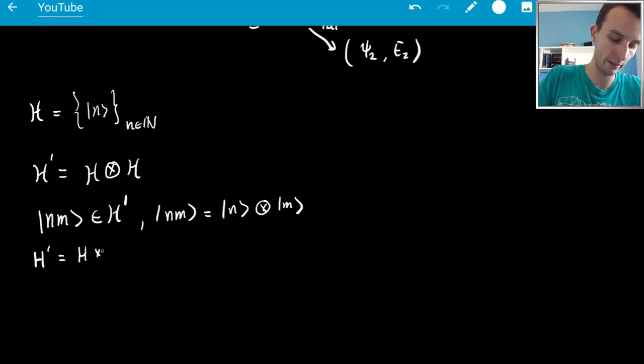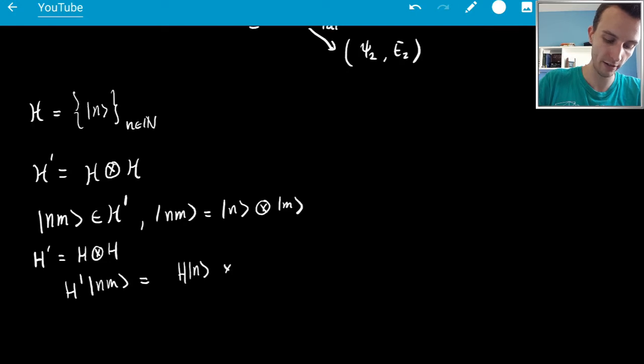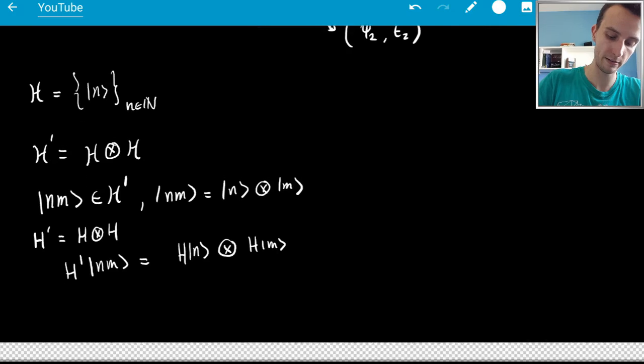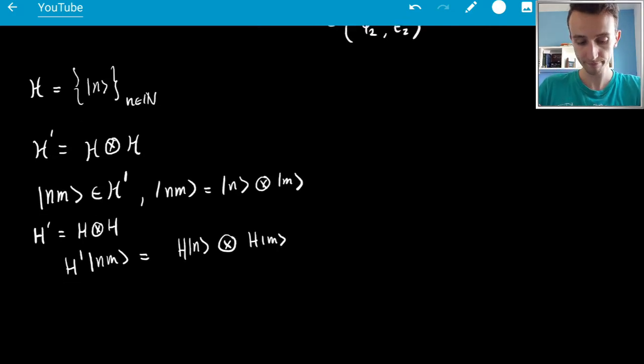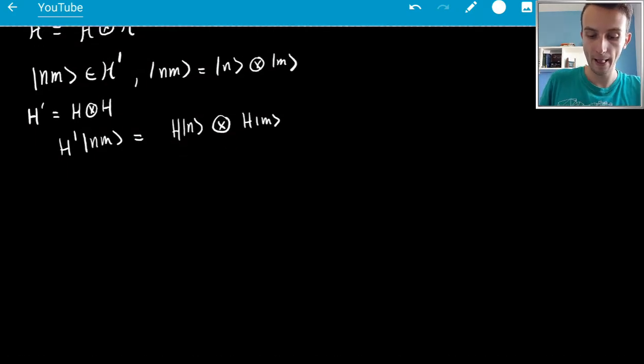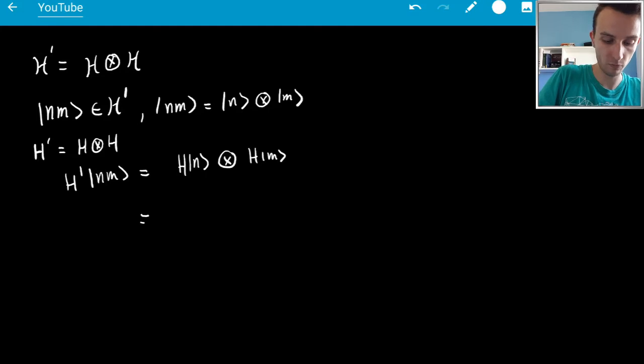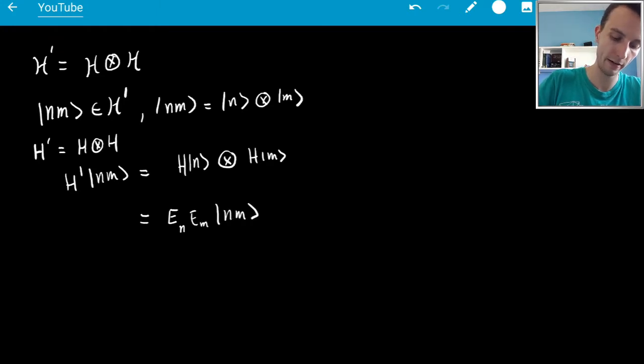H prime is gonna be h tensor h. So when we act with h prime on nm, what we're actually doing is we have hn tensor hm. Okay? Great. And what will this be? Well, if n and m are basis states, and they are, then this will give us En Em nm.